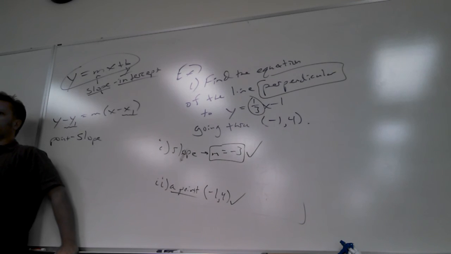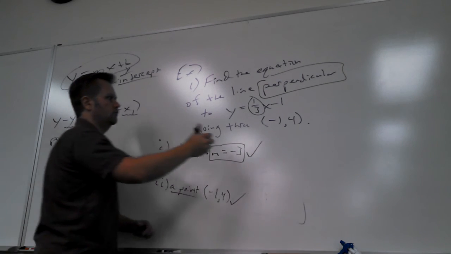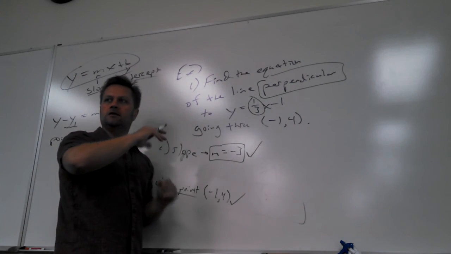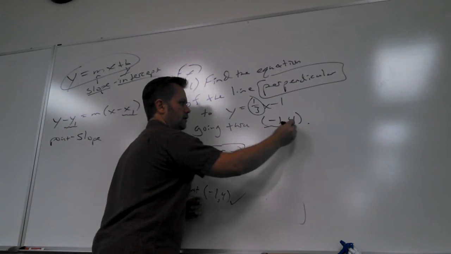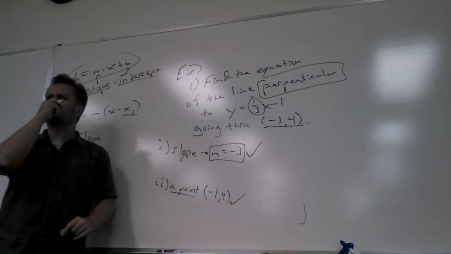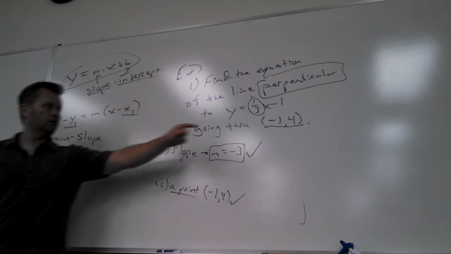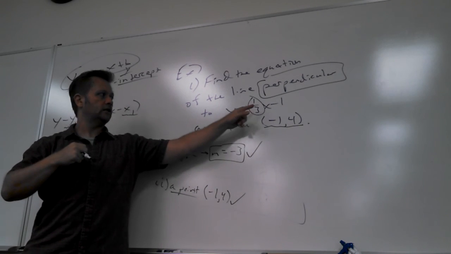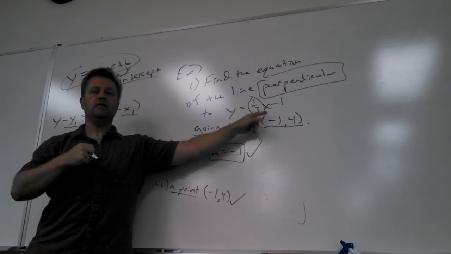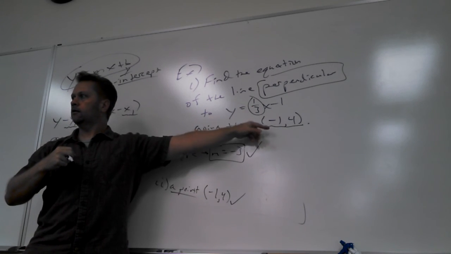I stopped there for a second. Just using all the information the problem gave me. Why would there be absolutely 0 reason to plug this into that? Yeah, -1, 4 is on my line, and my line is perpendicular to this line. These have nothing to do with each other.